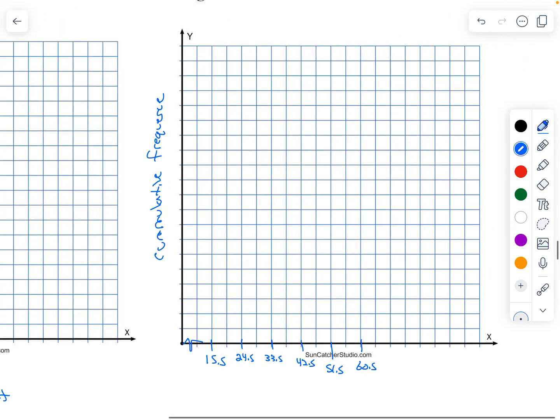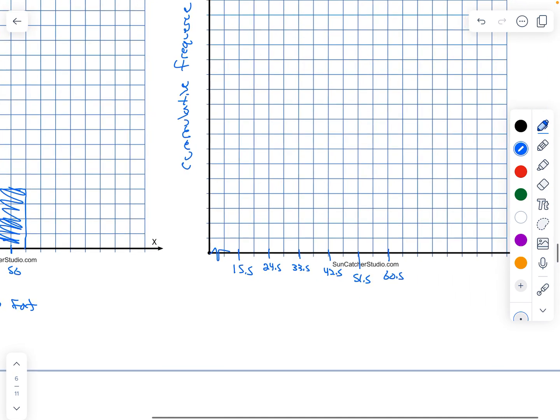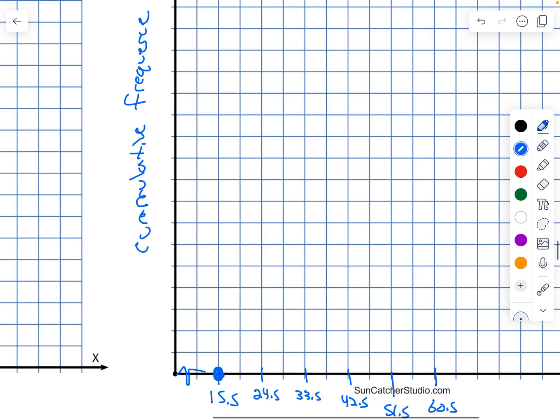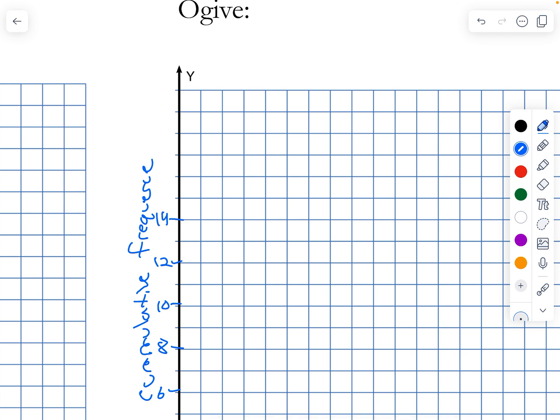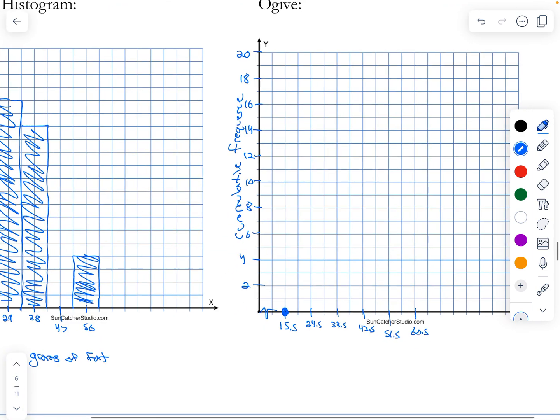Okay, so now my cumulative frequencies. Because I began at 15.5, which is the start of the entire data set, I'm going to put a dot down there at 0. There's 20 data points in my data set, so I better count by 1s. I'm going to label every other tick mark. Hopefully that is okay. It's just perfect. All right, cumulative frequencies are 3, 11, 18.